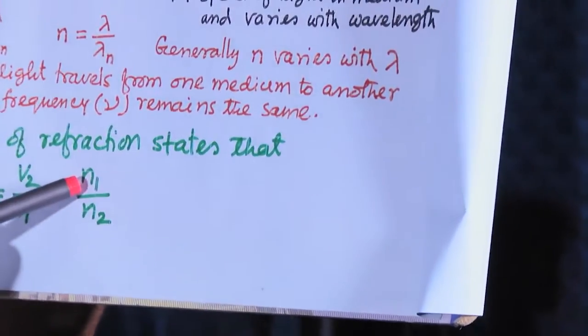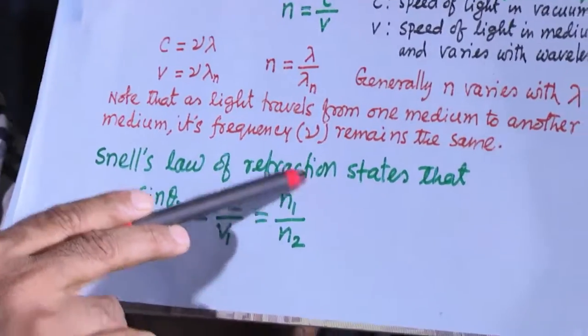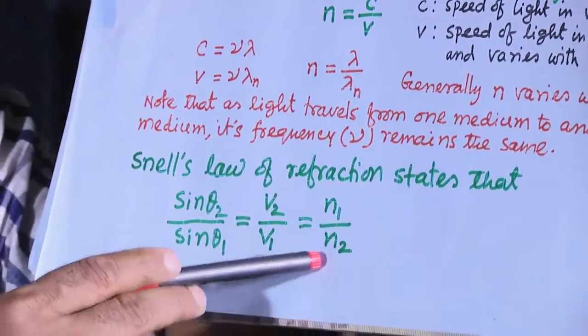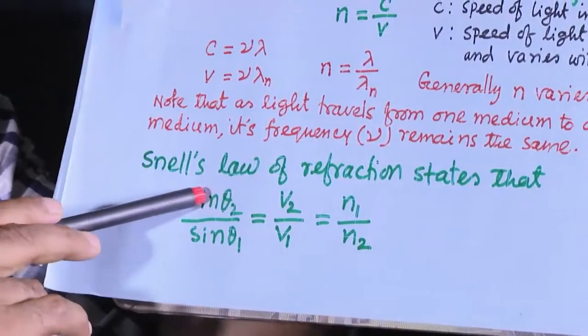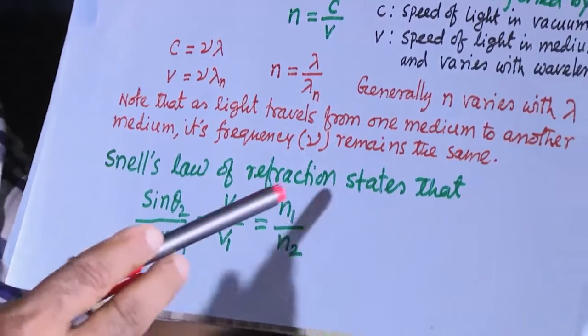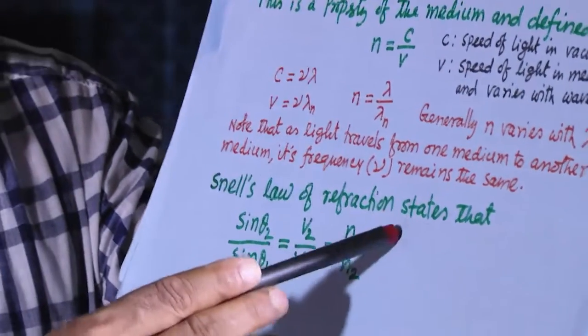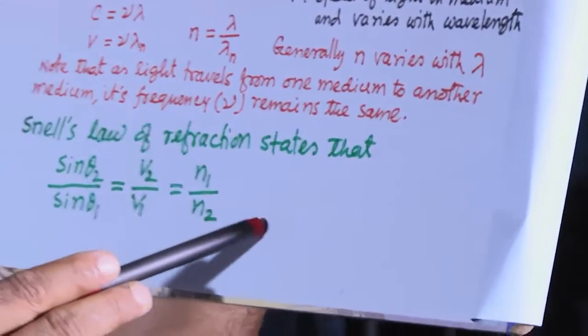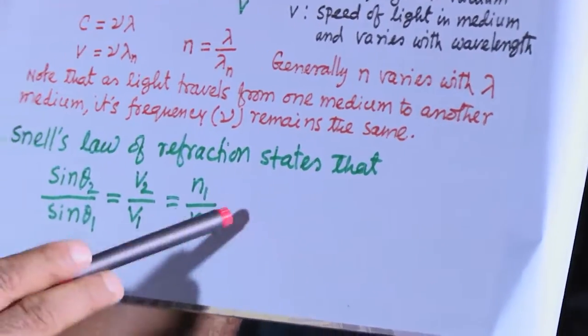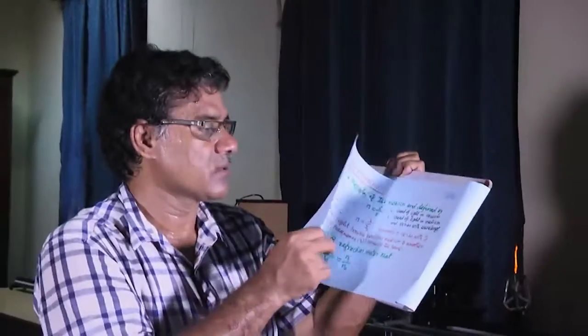If medium 1 is air, then n1 will be 1 and n2 is say n. So 1 by n equals sin theta 2 by sin theta 1. So n equals sin of the angle of incidence divided by sin of the angle of refraction. So that is the refractive index. These are well known; I think in class 10 we have learned about this.